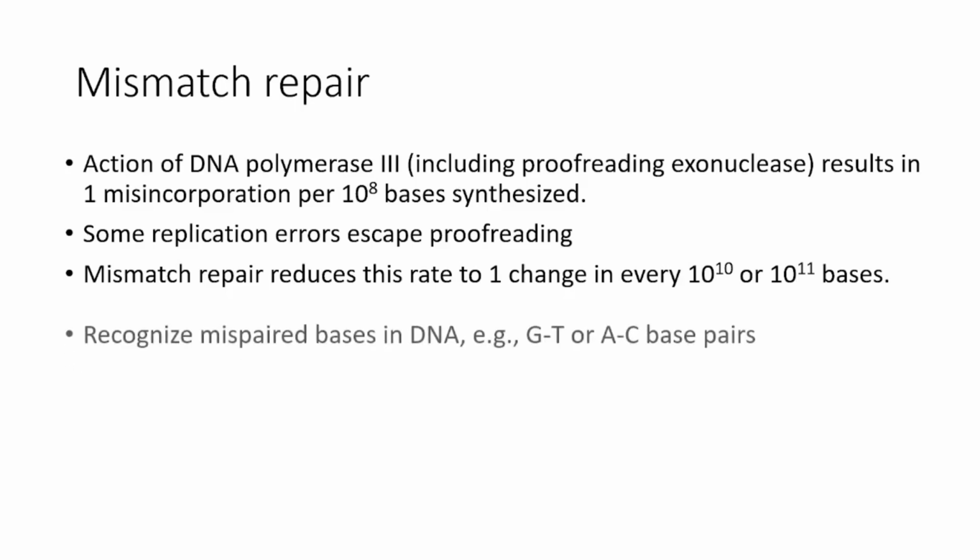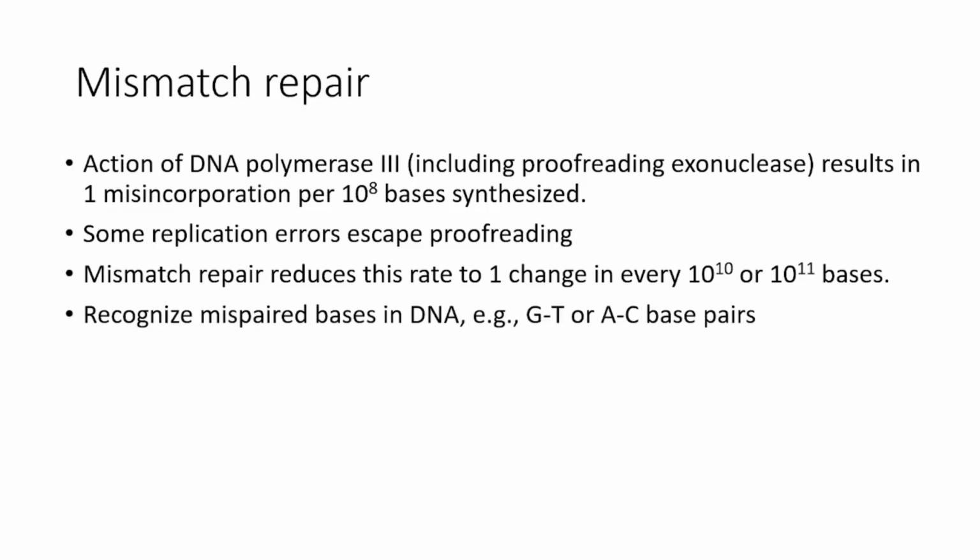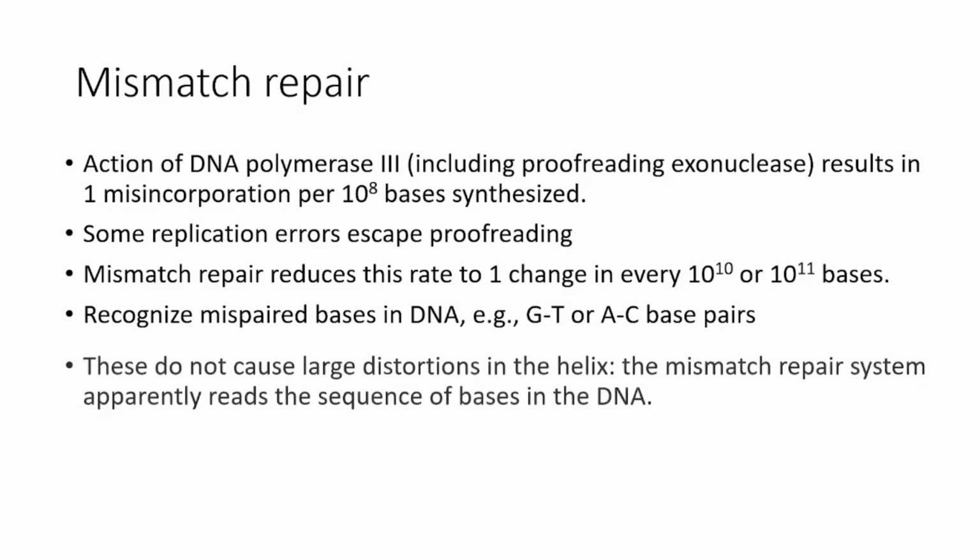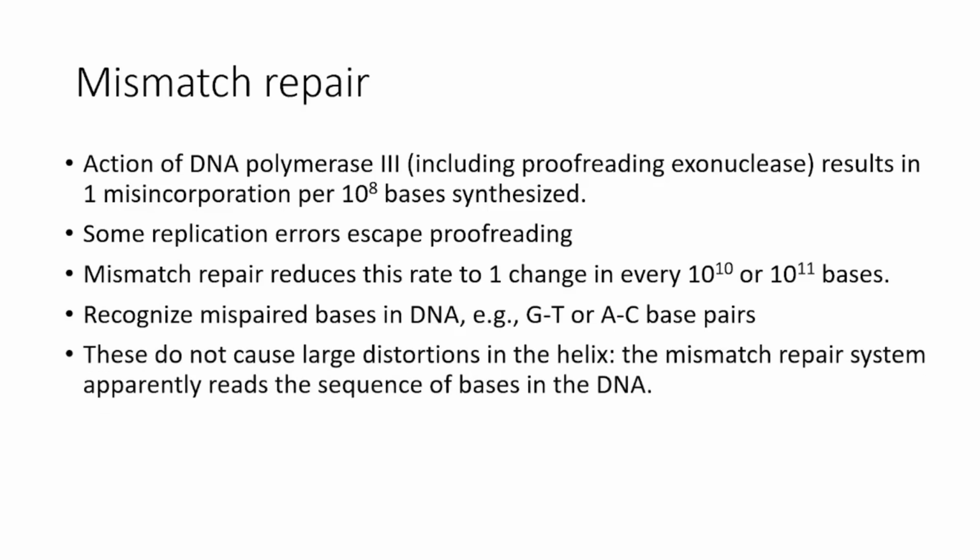MMR recognizes mismatched bases in DNA, for example, G against a T or A against a C base pair. These do not cause large distortions in the helix. The mismatch repair system apparently reads the sequences of the bases in the DNA. Most mismatches are due to errors during replication.